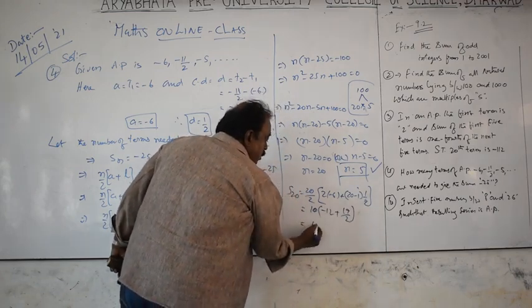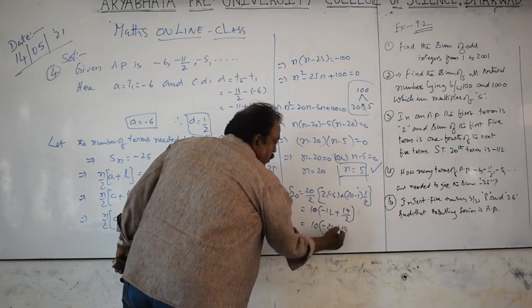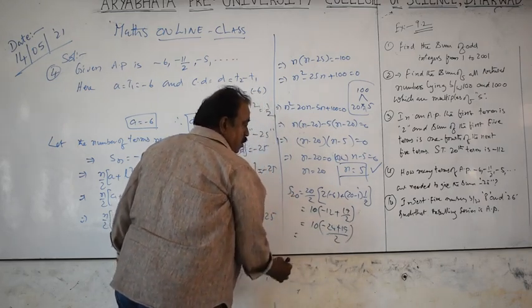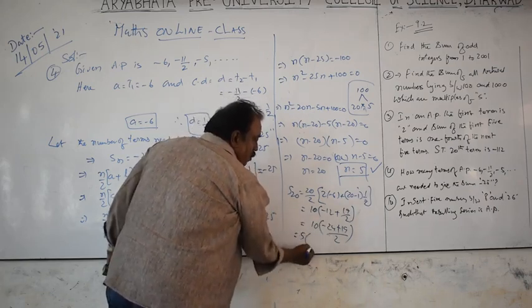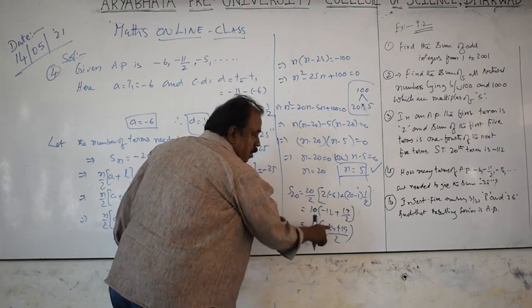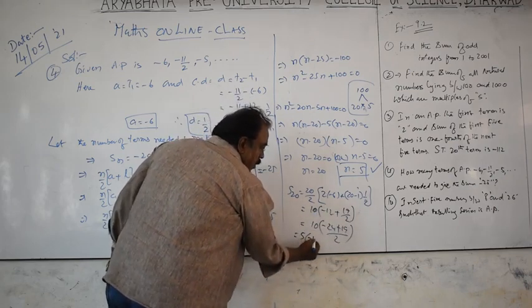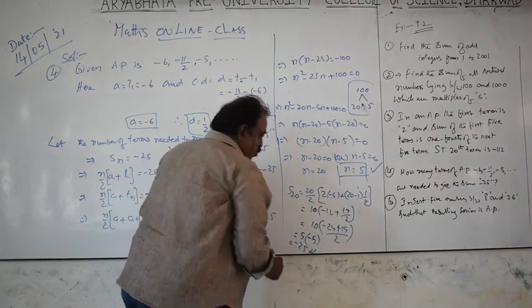It is minus 24 plus 19, that is minus 5, so it is minus 25. It's correct?